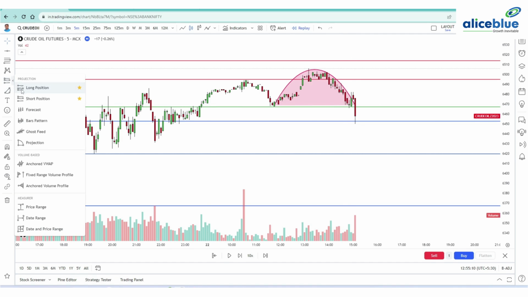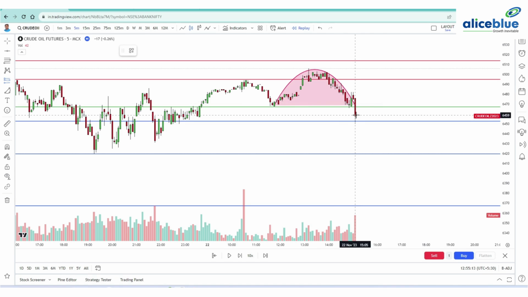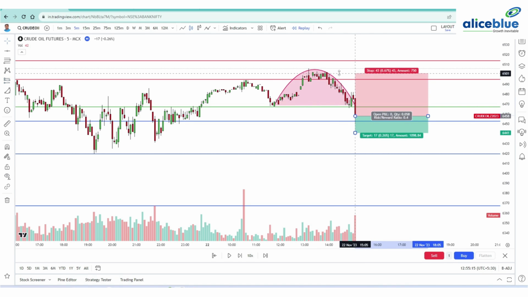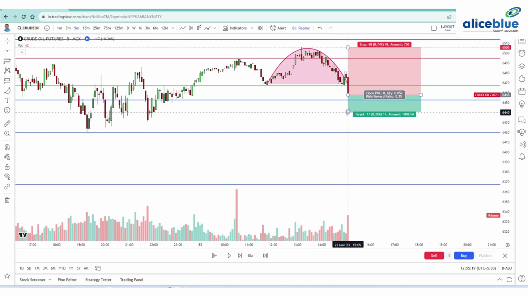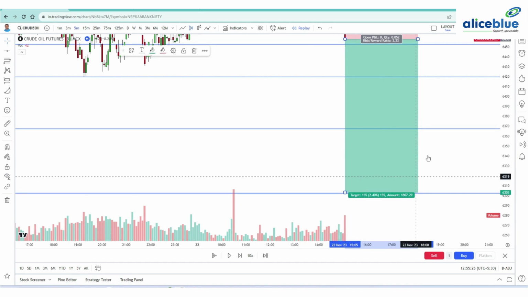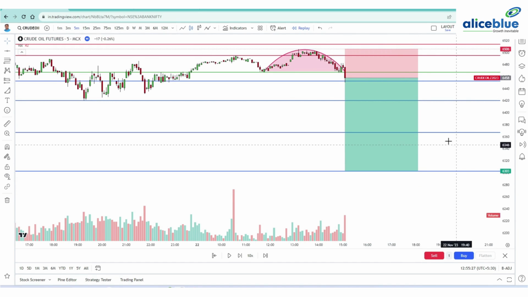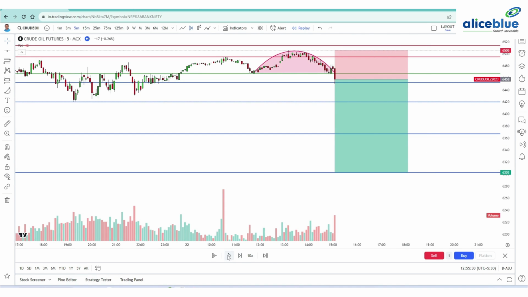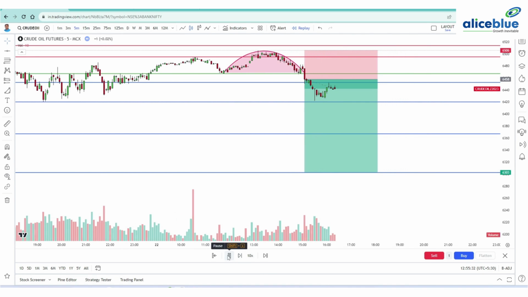So we can take our short entry at this level, and our stop loss is here, approximately 50 points stop loss, and our first target will be here, second target here, and third target here, approximately 2.4% as our target. So now let's see, our first target I think is still not achieved.